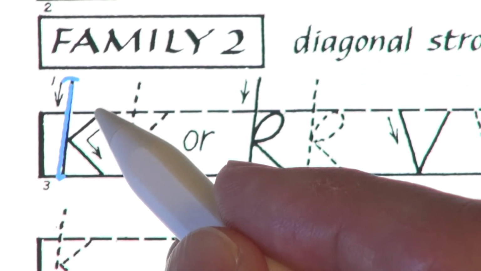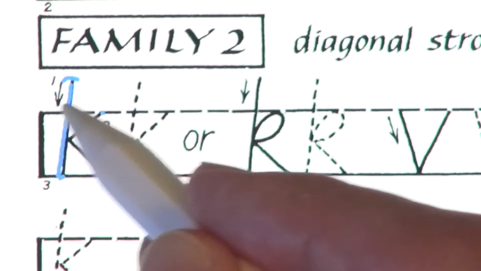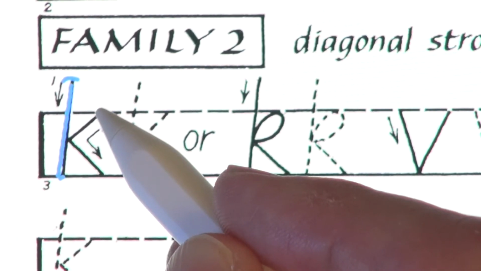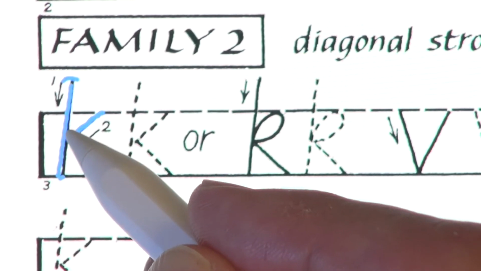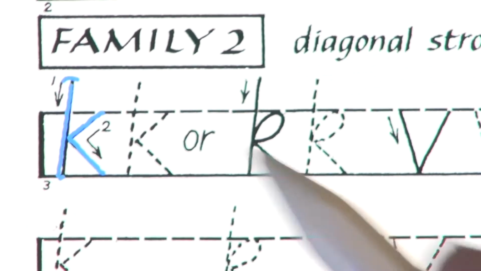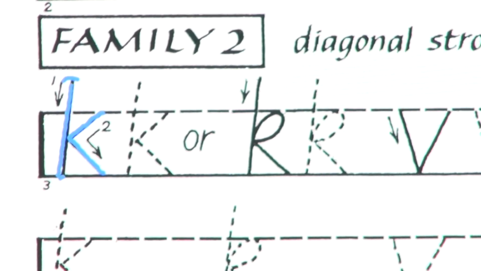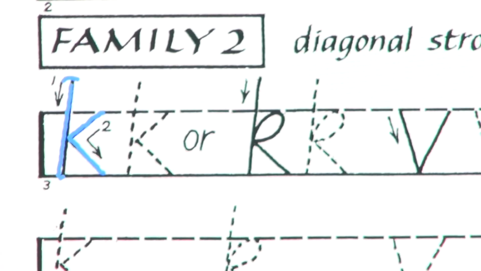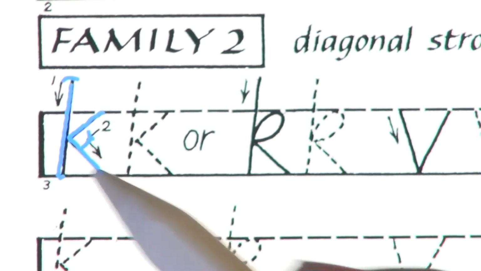The second stroke starts over from that vertical line, comes down, makes a 90-degree angle to the baseline. Both of those lines are straight. And notice that if we put the corner of a piece of paper up, we can see that that is a true 90-degree angle, a right angle right in there.